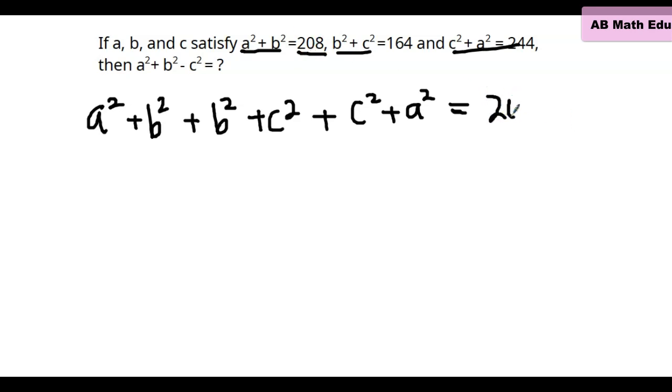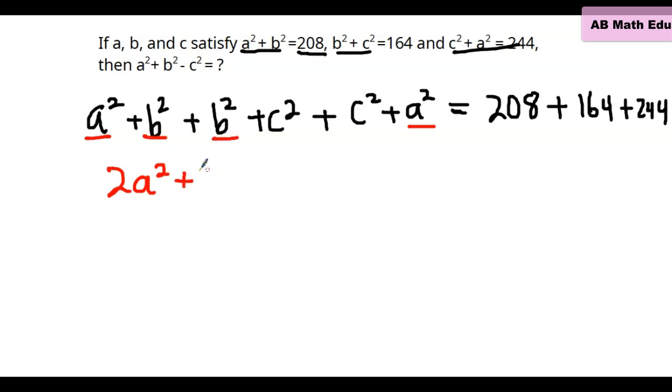So 208 plus 164 plus 244. Okay, we have a here, we have a here, so that becomes 2a squared, b here plus 2b squared, c here, 2c squared, and it must be equal to, when we add it up, 616.